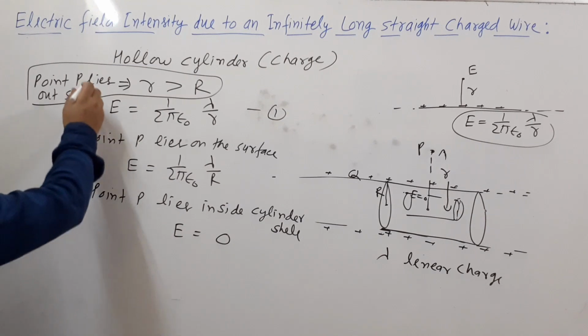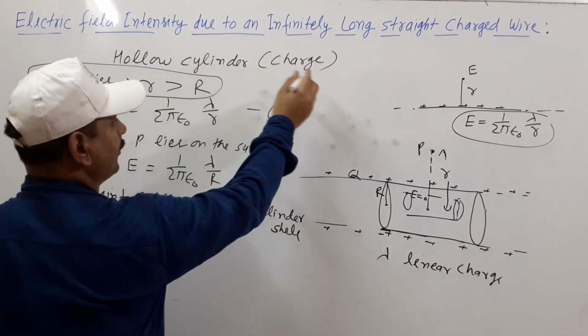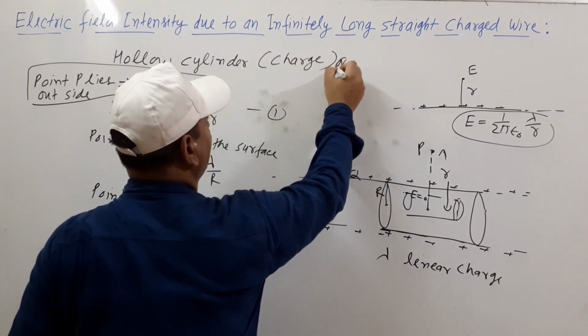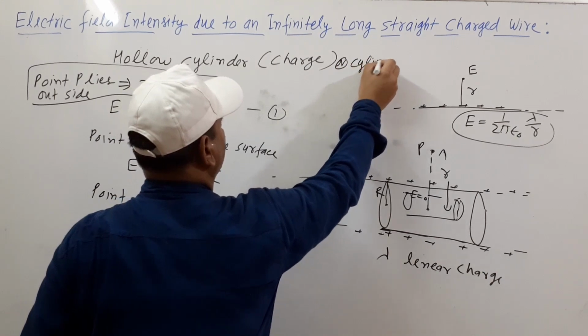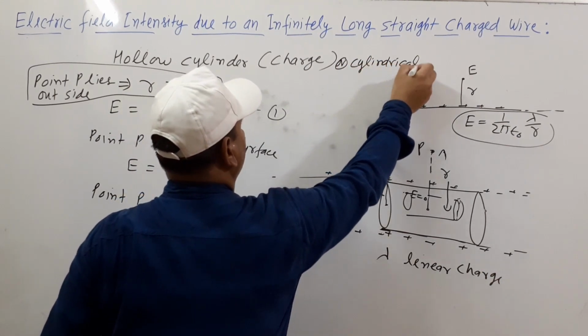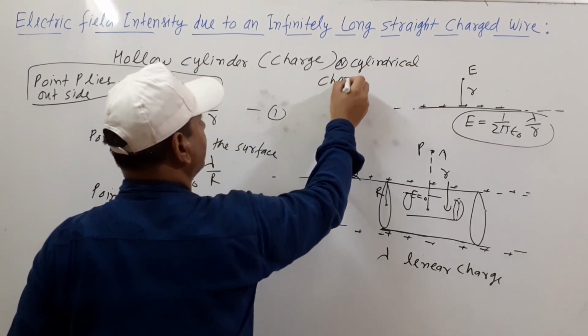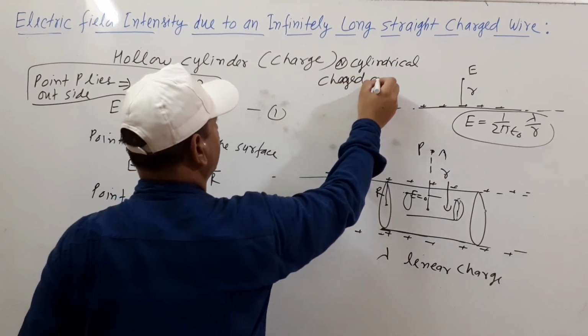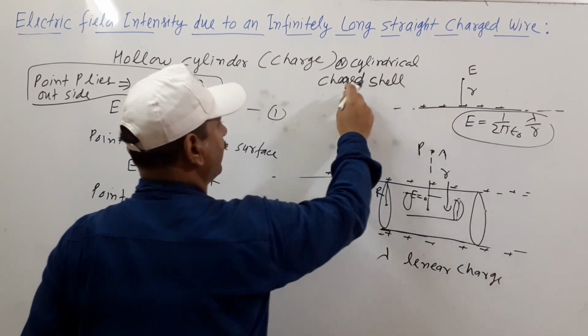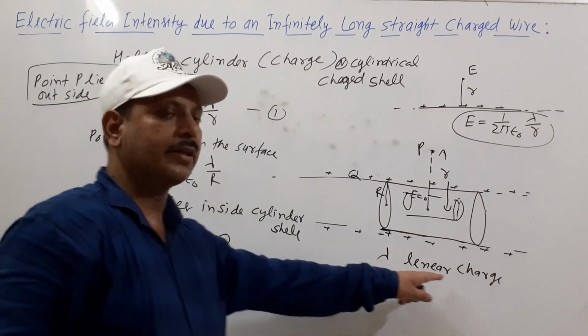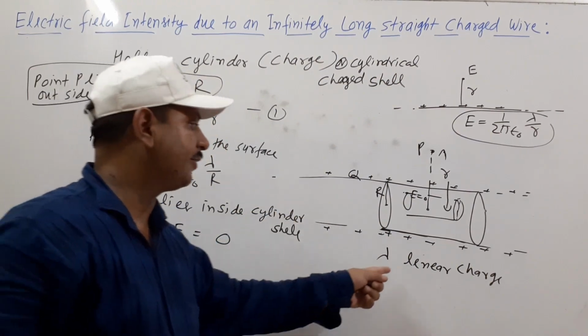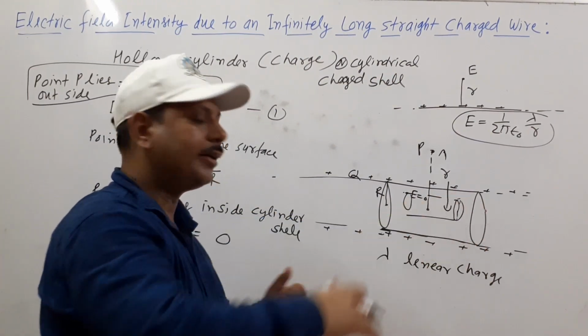So remember these things for a hollow cylinder or cylindrical charged cell. Remember, here they have not given surface charge density. They are linearly distributed.